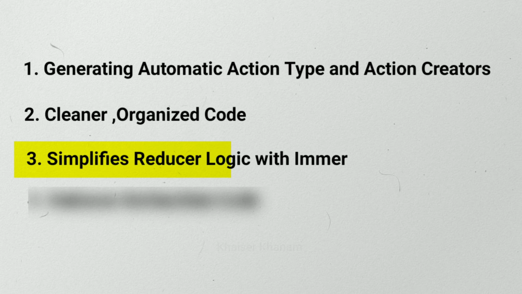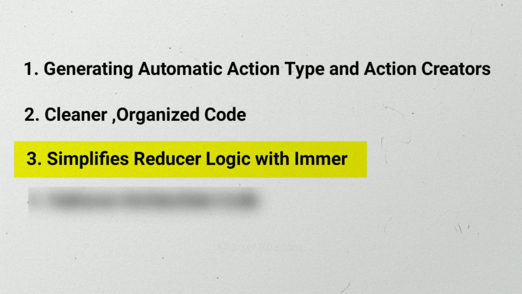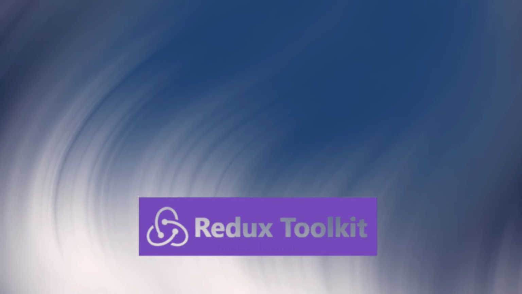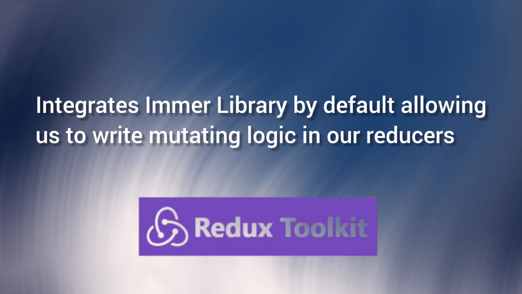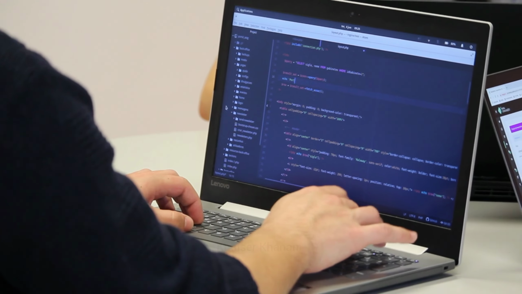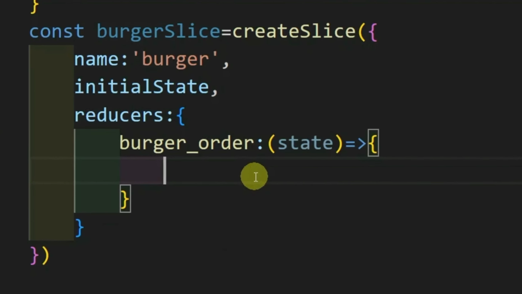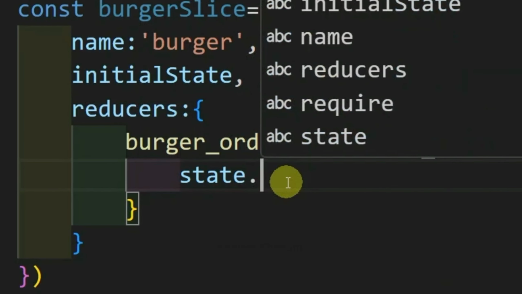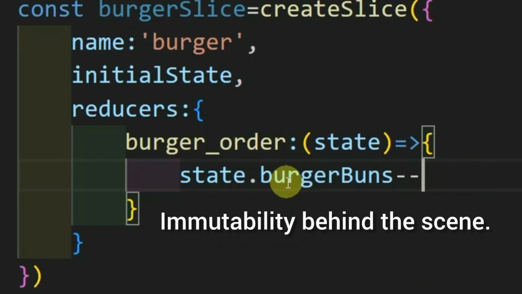Third benefit is that it is going to simplify reducer logic with immer. So Redux Toolkit integrates the immer library by default, allowing us to write mutative logic in our reducers. This makes the code cleaner because we can directly change the state properties as if the state is mutable, and immer takes care of immutability behind the scenes.